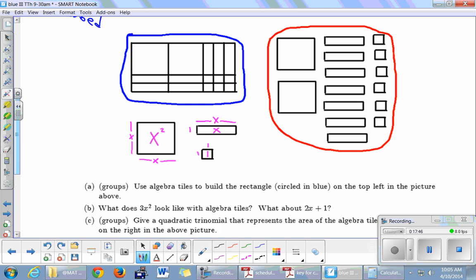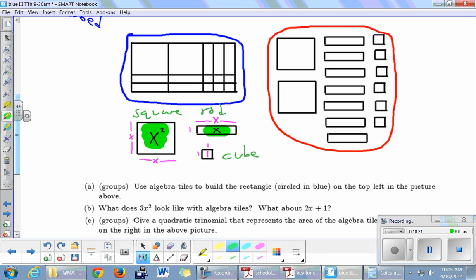Let me make clear what I'm calling things. This is the square, this is the rod, and we can call this a cube or something. So how do I make 3x squared? The rods are x. Square and a rod? That would be x squared and x. Okay, hold on.